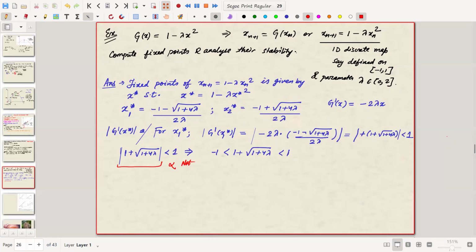Therefore, 1 plus this quantity will always be greater than 1. It cannot be equal to 1 also. The only possibility is that it is greater than 1. So therefore, this implies that x1 star is an unstable fixed point.